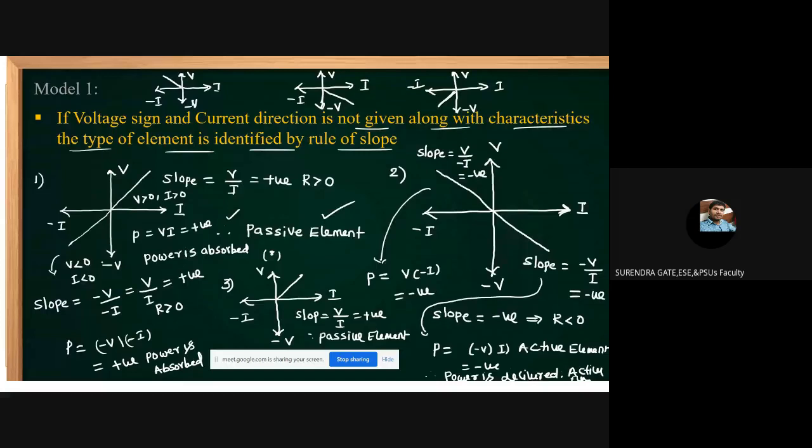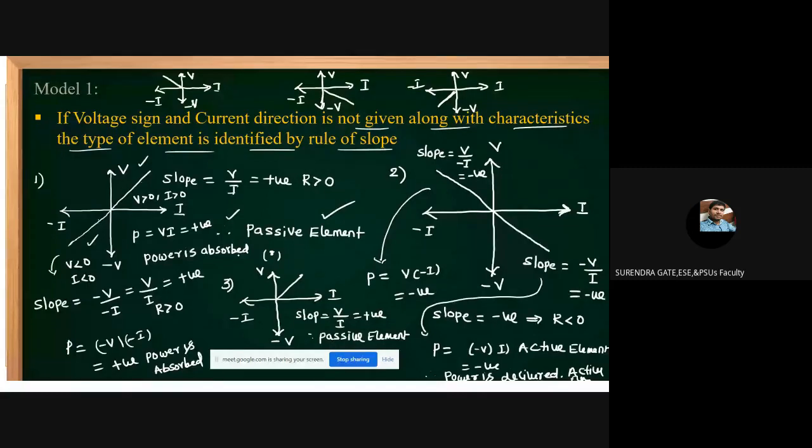If the characteristics are in the second and fourth quadrant, the element is active. So without doing this procedure, directly we can say which is passive and which is active. Okay, this is the final observation.